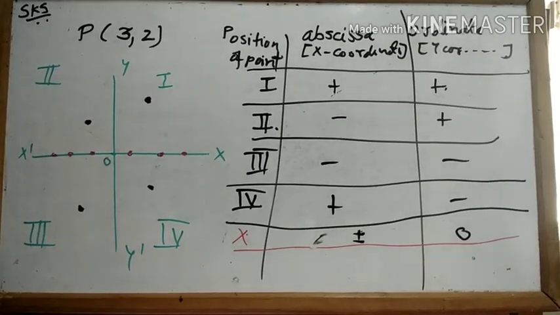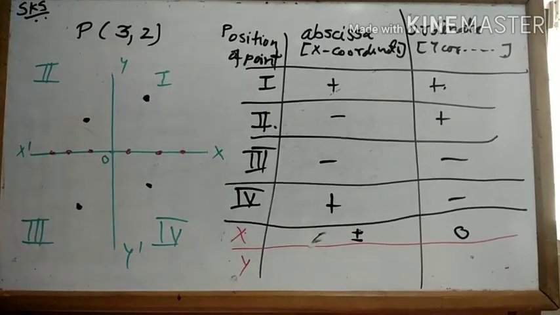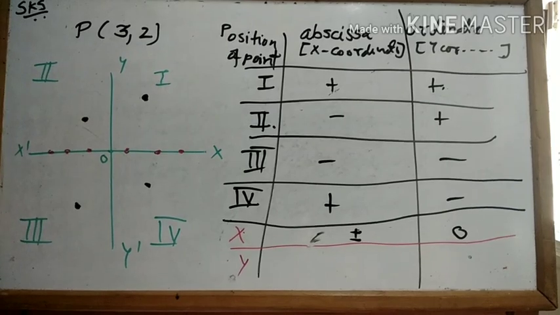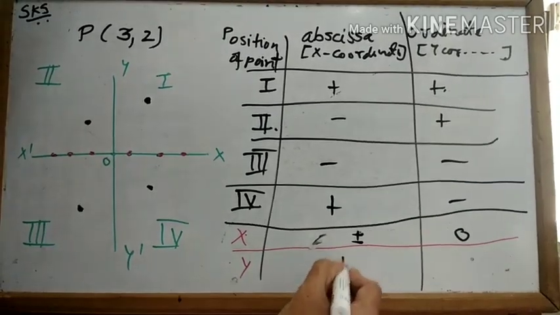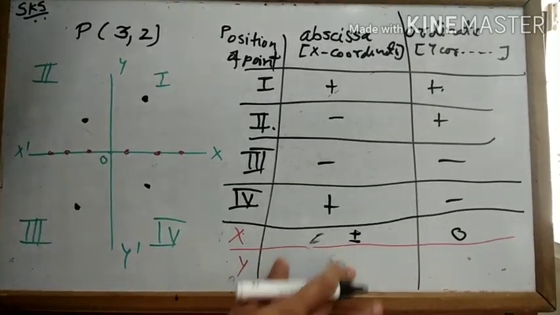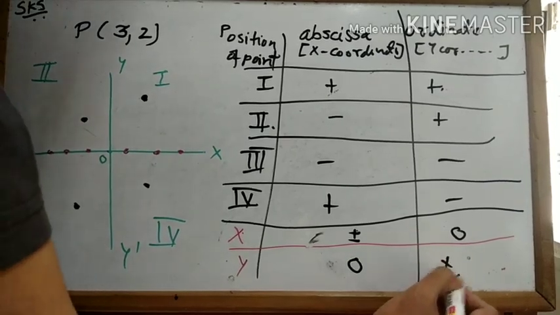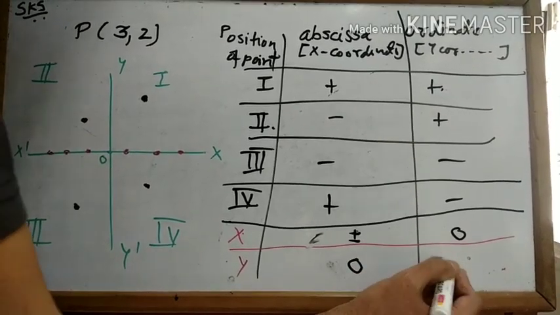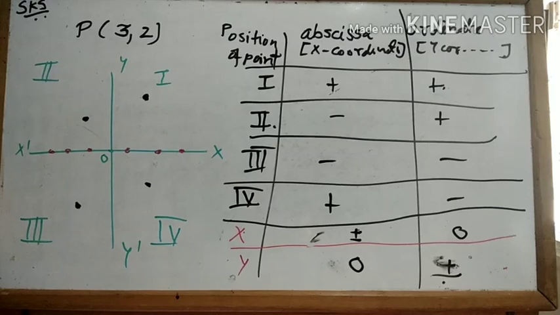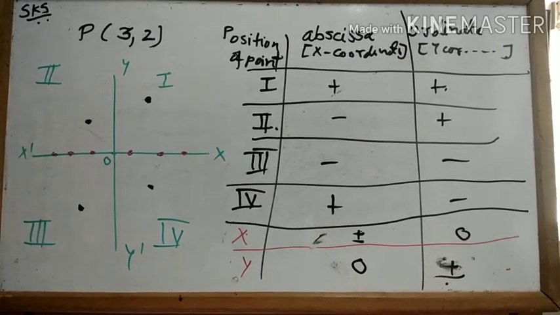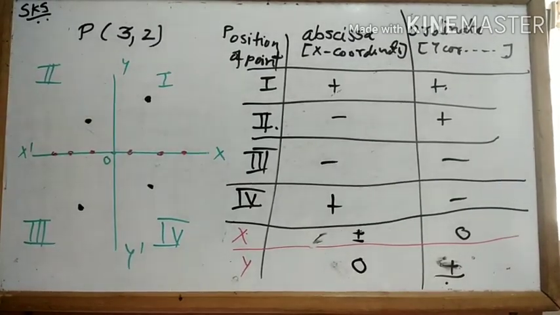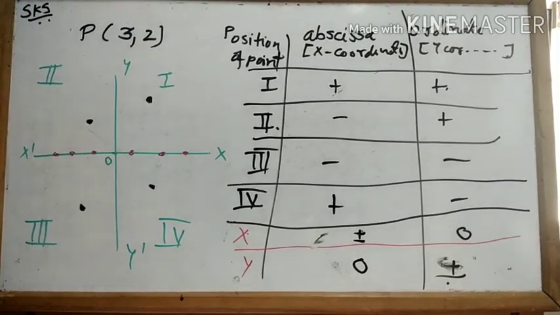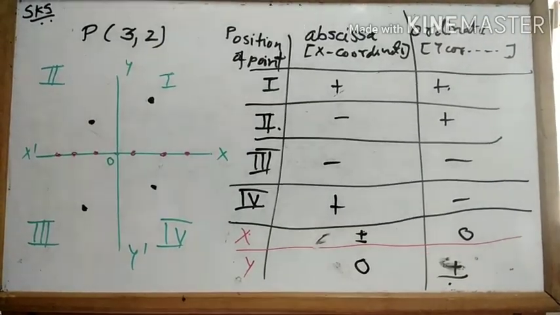If it is on the y-axis, then it becomes reverse: its x coordinate will be 0 and its y coordinate will be positive or negative. Before going into the next topic, which is the section and midpoint formula, we need to know these basic concepts as well as a few more basic concepts which we are covering just now.